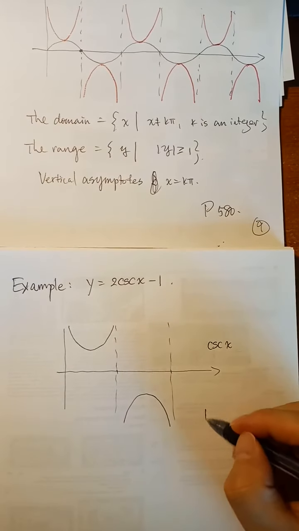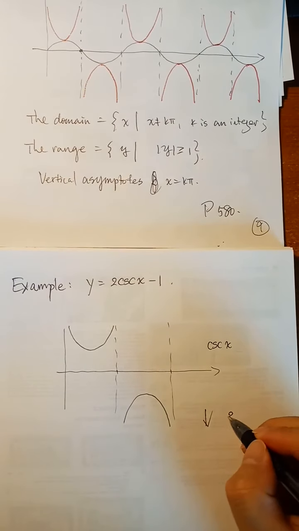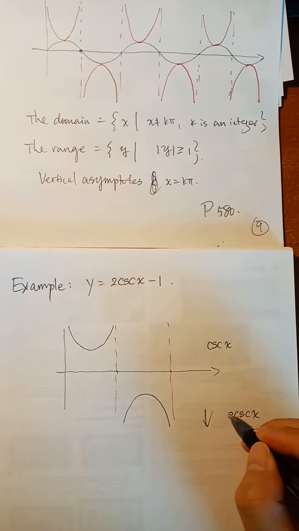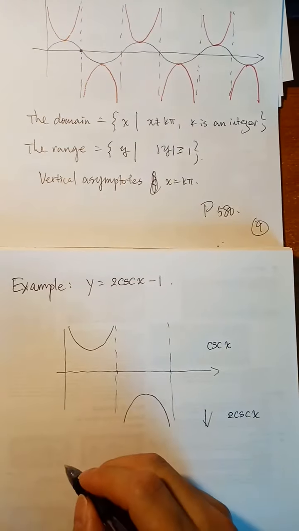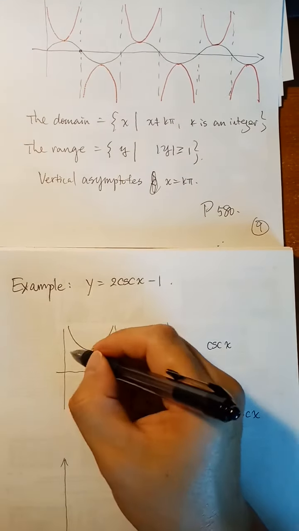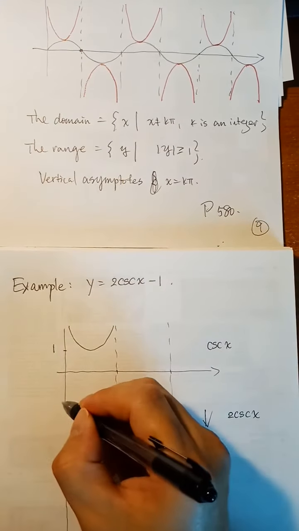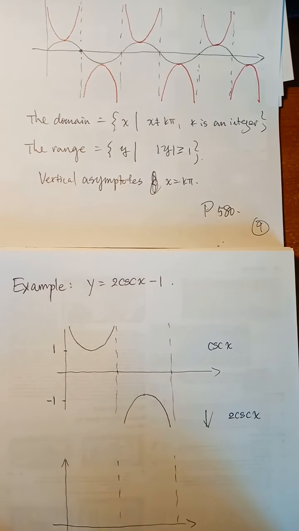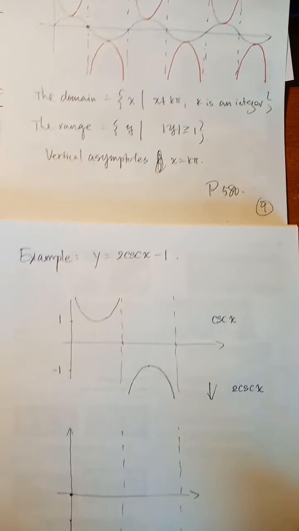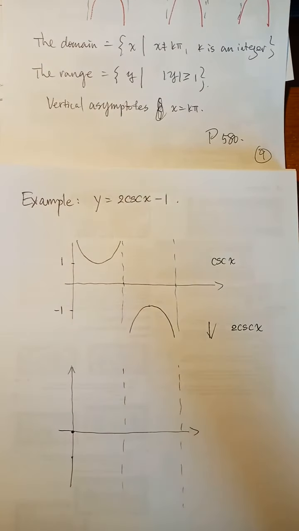And then we get 2 cosecant of x. How do we get 2 cosecant of x? We just stretch it along the y direction. Okay? So here's a 1. Here's a negative 1. When you stretch it, 1 becomes 2, negative 1 becomes negative 2, 0 becomes 0. 0 is always fixed by this stretch, because 0 times whatever number is still 0.